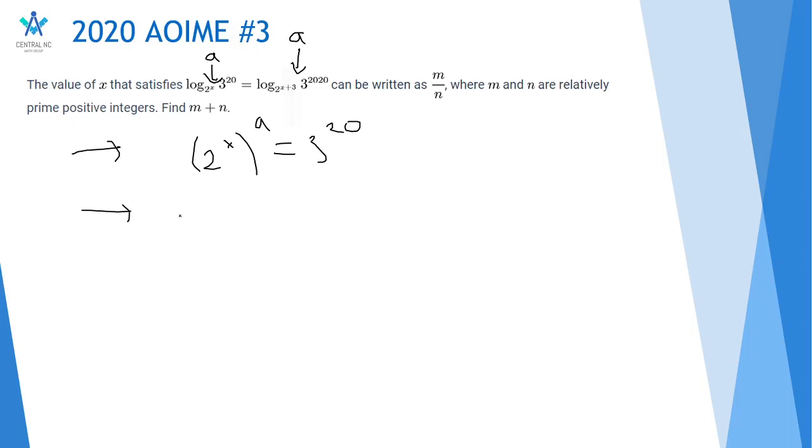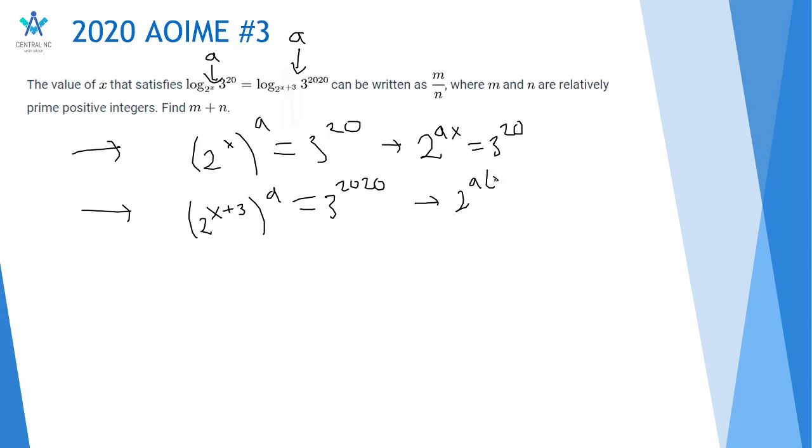From the other equation, we get that (2^(x+3))^a is equal to 3^20. So this gives us that 2^(ax) is equal to 3^20, and 2^(a(x+3)) is equal to 3^20.